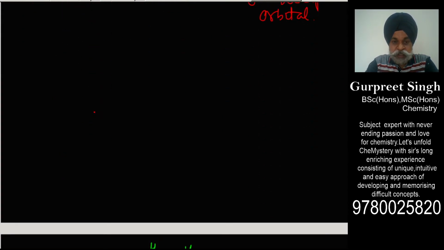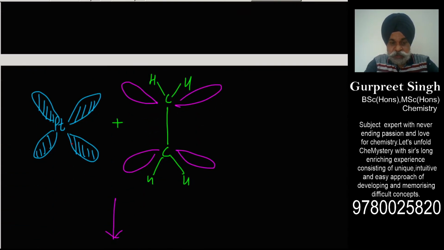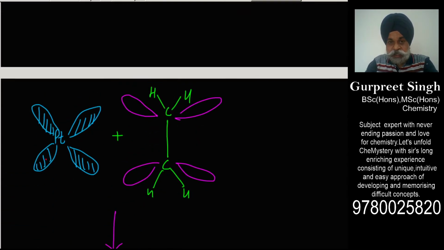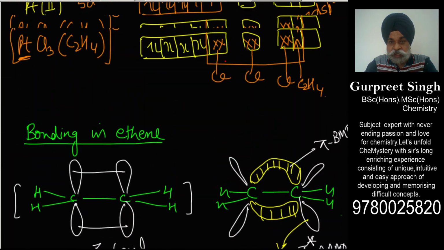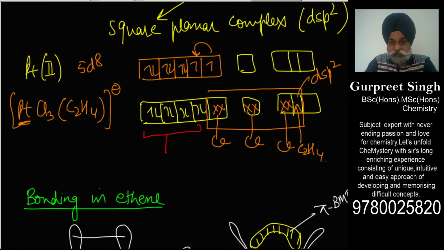Now see here, what else would happen? As we have seen while evaluating the hybridization, the d orbitals of platinum 2 positive are being filled because of back bonding.